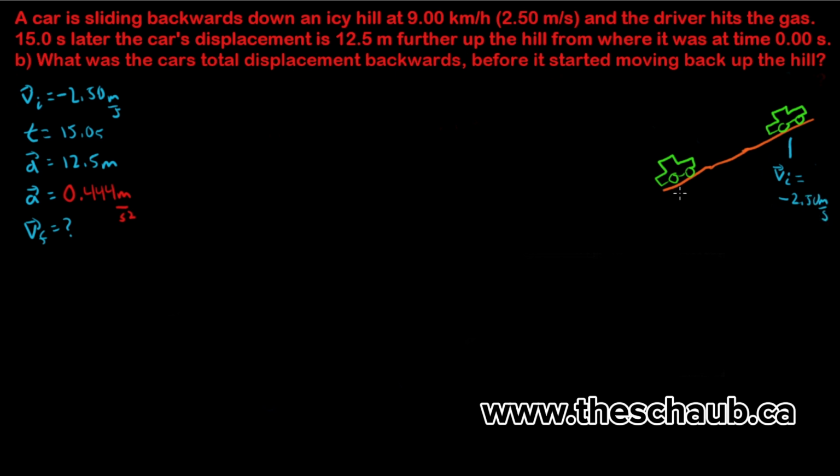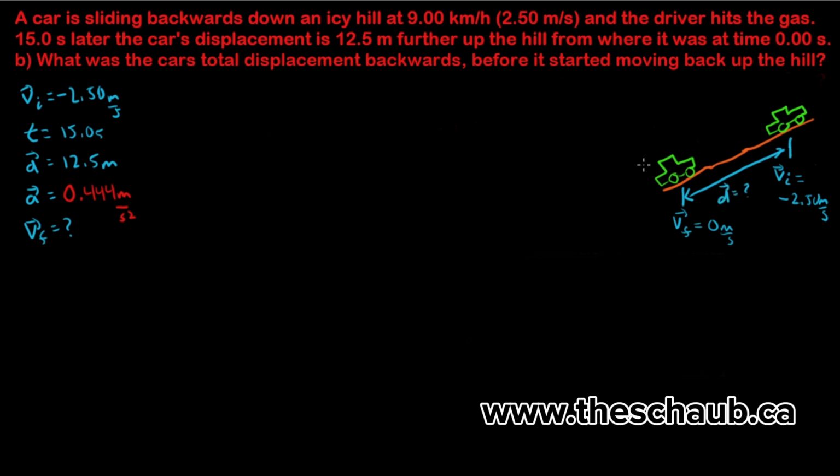It then slides backwards, so we're trying to find the total displacement backwards before it starts moving back up the hill. And right before it starts moving back up the hill, we have a velocity final equal to 0 meters per second.